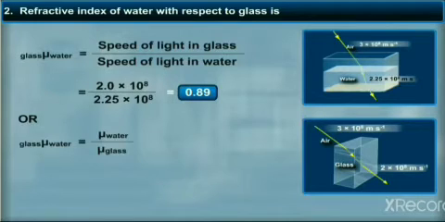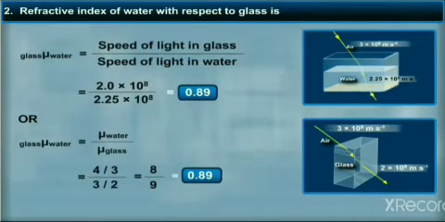Or refractive index of water with respect to glass is equal to refractive index of water upon refractive index of glass, which is equal to 4 by 3 upon 3 by 2, which equals 8 by 9, which further equals 0.89.